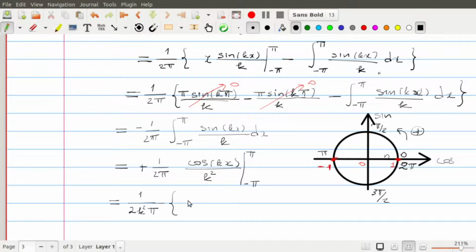And in the parentheses, the expression here, we will get cosine of k pi minus cosine of negative k pi.